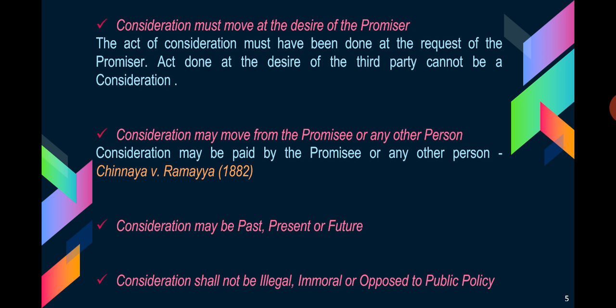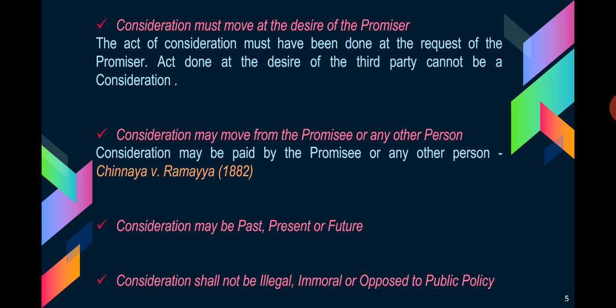And that is why, even though the consideration did not come from the sister, the consideration, that is the property, had already come from the old lady. So the meaning of this essential condition is that consideration may move from the promisee or any other person.